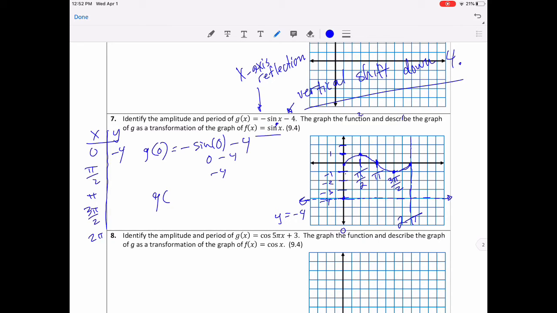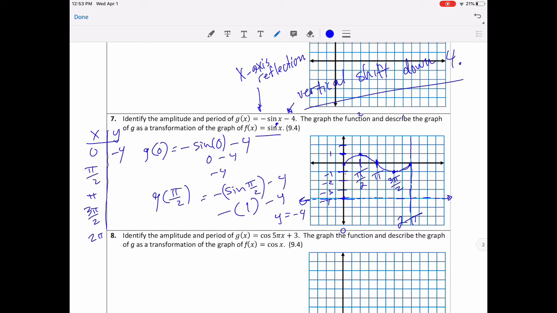G of pi halves. And we already knew that. We had that labeled on there. Negative sine of pi halves minus 4. Well, what's the sine of pi halves? Well, pi halves is 90 on the unit circle, so I know sine corresponds to y, and y is 1 at that location.